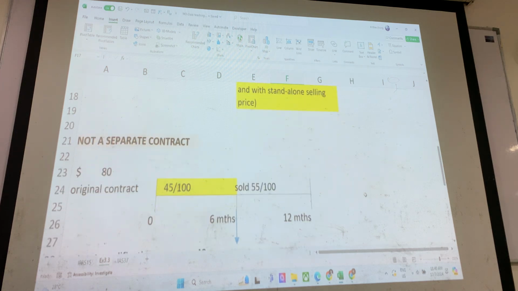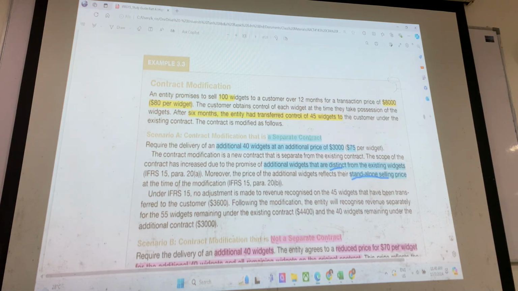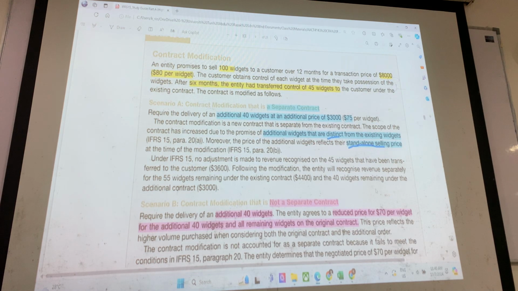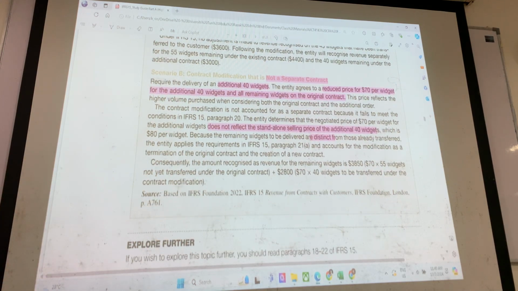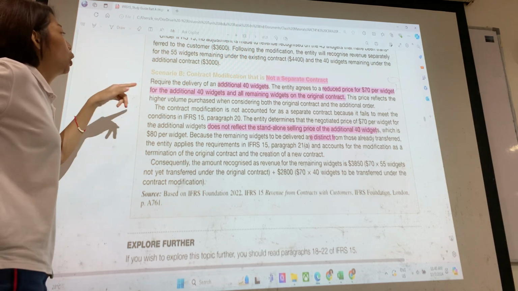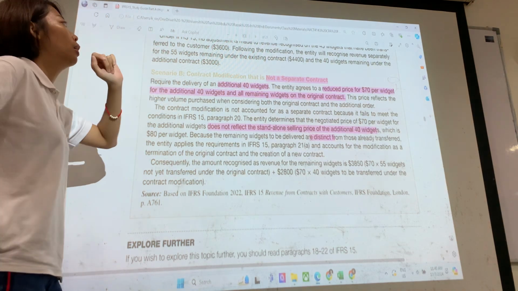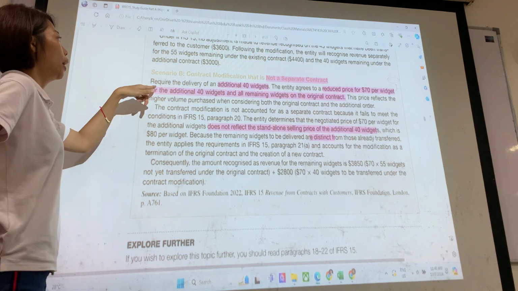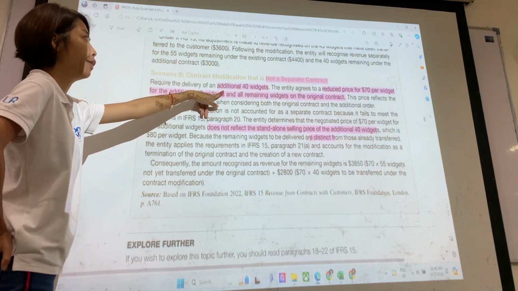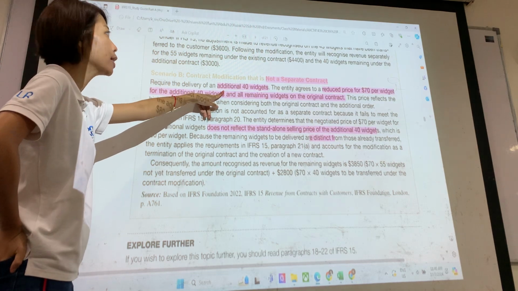So how if it is not a separate contract? We continue with B. So this A, we finished the story already. Now for scenario B, half a year later, our customer received 45 already, left 55 units. Then half a year later, they say, oh, I want additional 40 units of widgets.